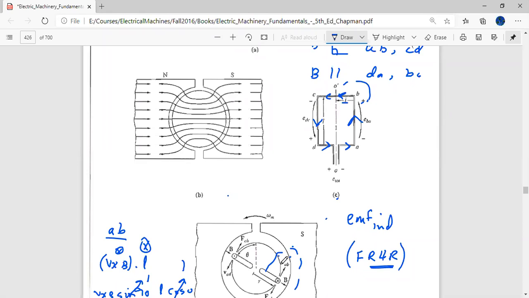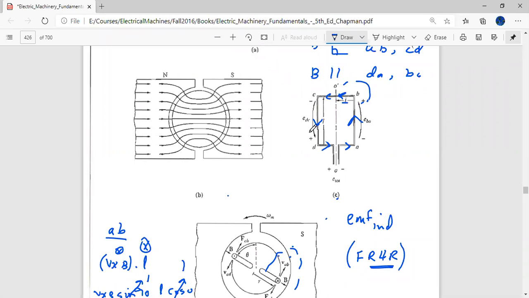First finger in the direction of V, second finger in the direction of B. We want to find the direction of V cross B. So the thumb is going to point in the inward direction. So that is what it is saying.